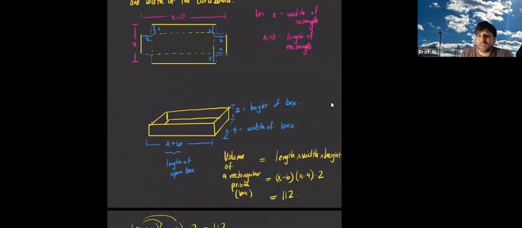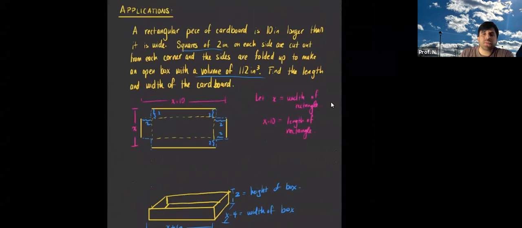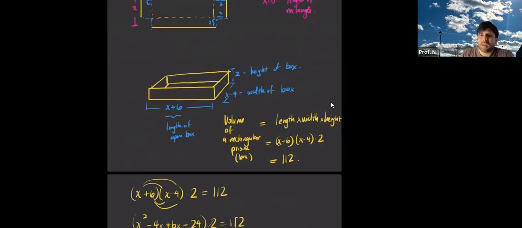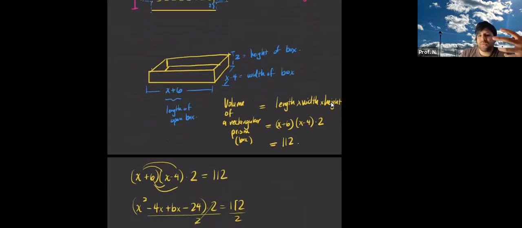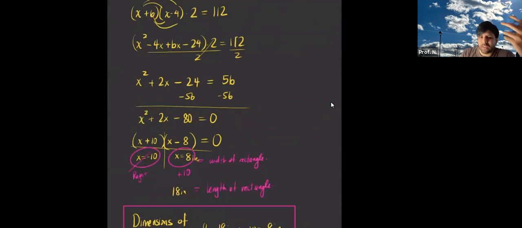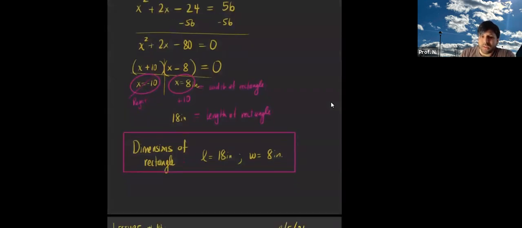In this particular case, we used a cardboard rectangular piece and we created a box out of it. We were able to figure out the volume as a quadratic function, and from that quadratic function we were able to factor it. So the idea was that we can factor equations, in particular quadratic equations, in order to solve the problem.